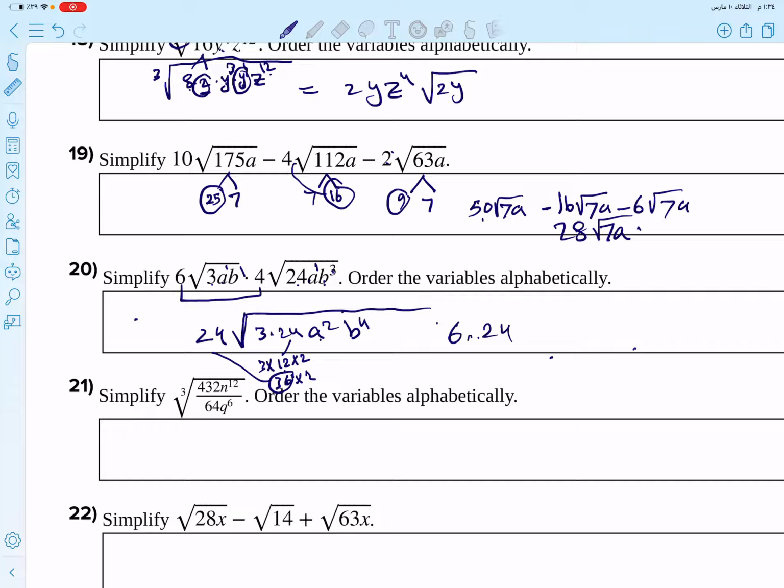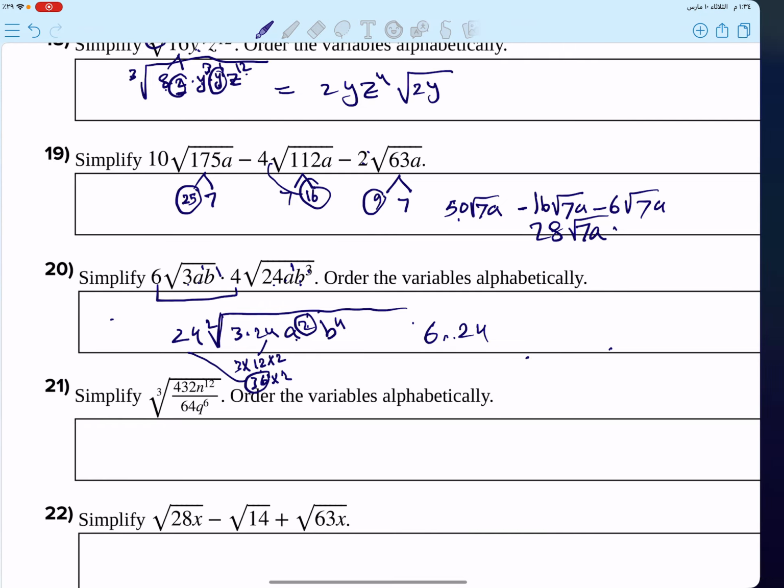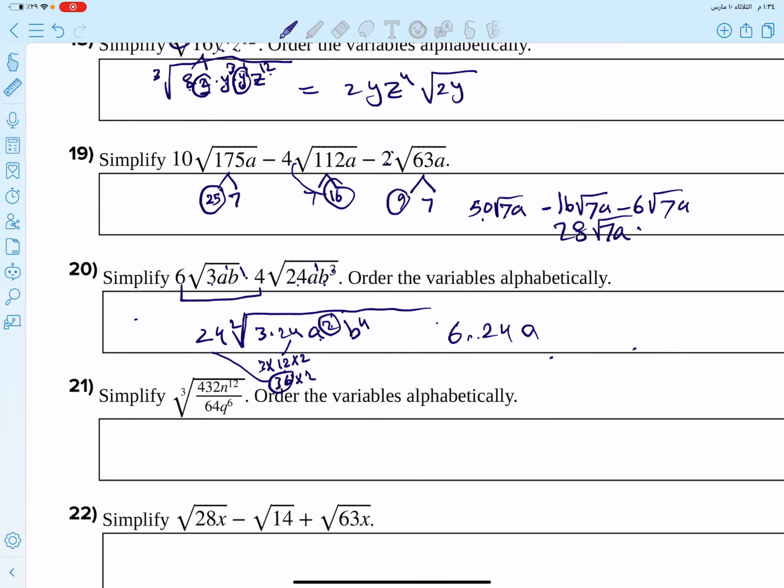What about a to the power 2? 2, the power, divided by the index here. I don't see an index here, so it's 2. A, p to the power 4 divided by 2, so 4 divided by 2, 2. So p to the power 2. And I have inside the square root just 2. Now, 6 times 24 is 144.